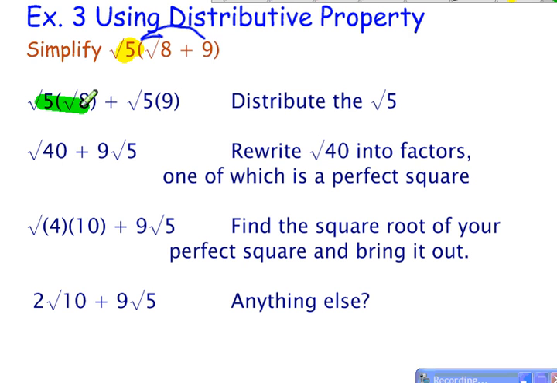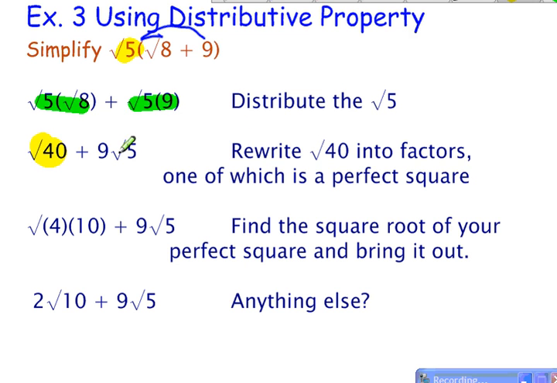Which gives us radical 5 times 8 plus radical 5 times 9. And since both of these are under the radical, we can multiply them. Radical 5 times radical 8 is radical 40.